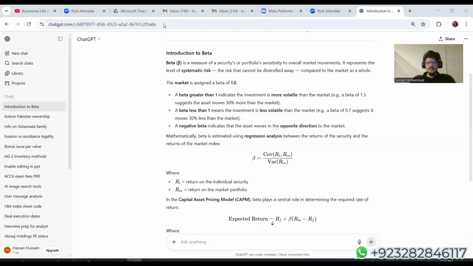It represents the level of systematic risk, the risk that cannot be diversified away, compared to the market as a whole. What beta tells you is how volatile a particular stock is, how responsive the price of the company is relative to the changes in the overall market index.